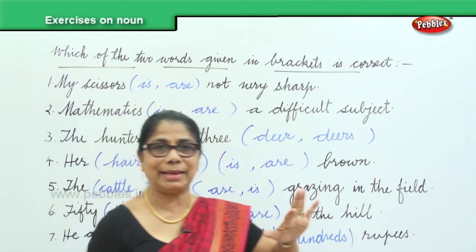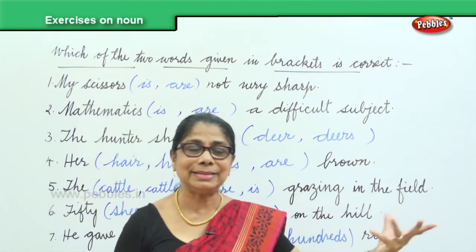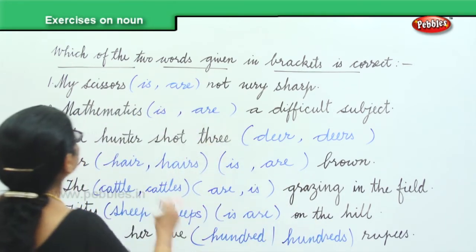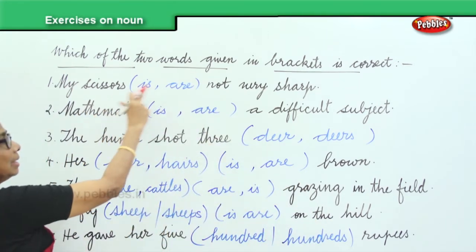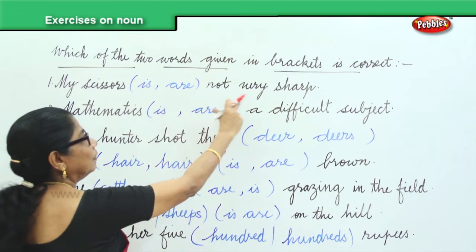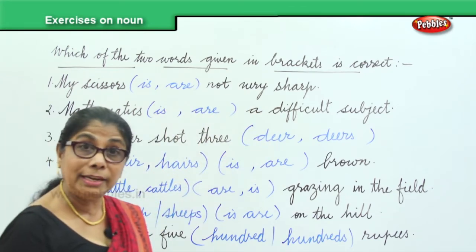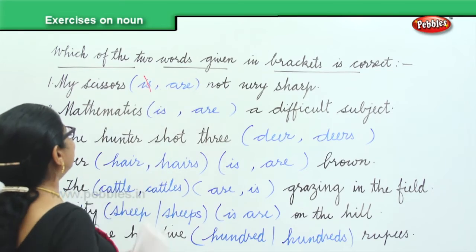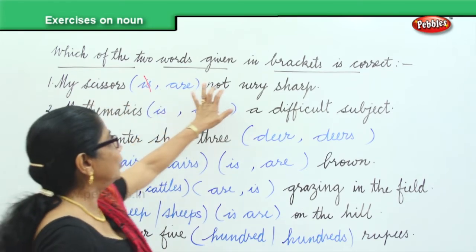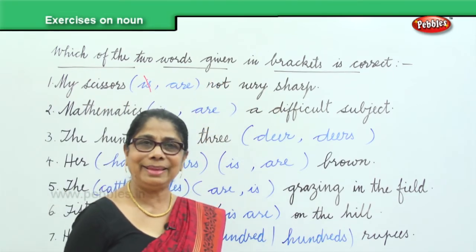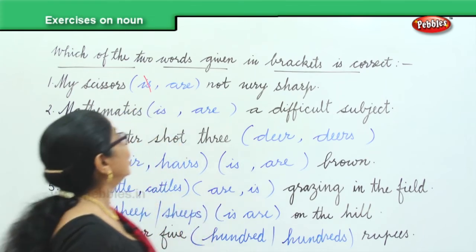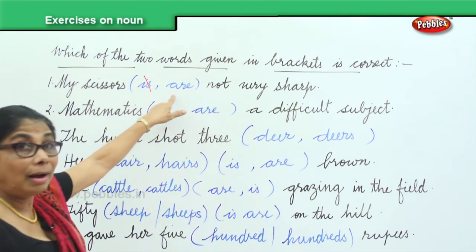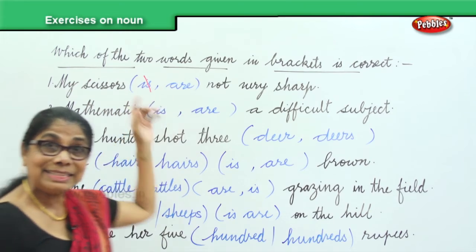You always say glasses, scissors, always are plural, because there are two. So here, my scissors are not very sharp. So what we do not need, we're going to cross it out. So we got that first sentence correct. Which of the two words given in the bracket is correct? So my scissors are is correct.